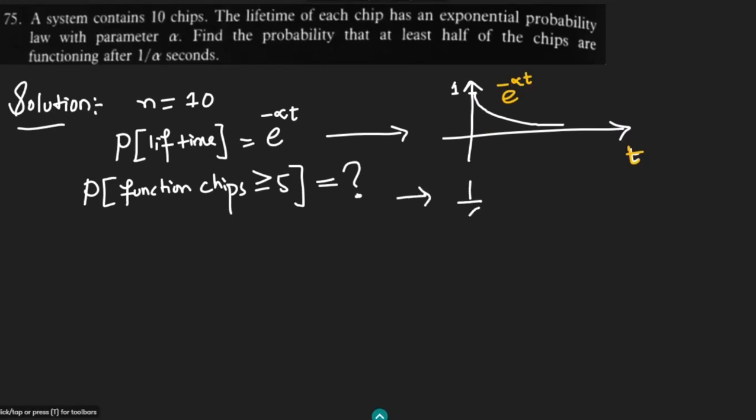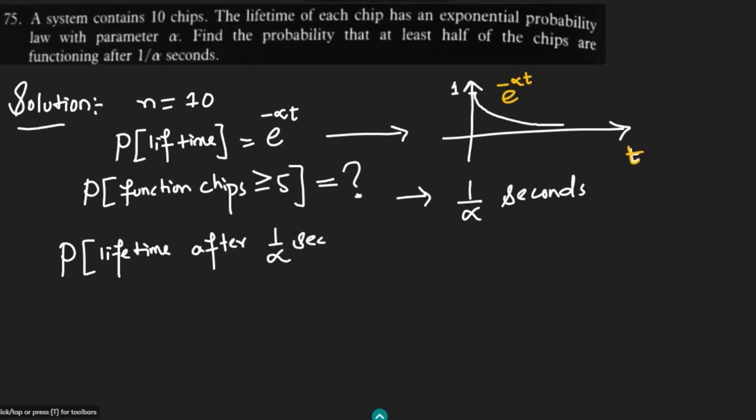And from it, after 1 by alpha seconds. Okay, so the probability of lifetime after 1 by alpha seconds, how much would it be?